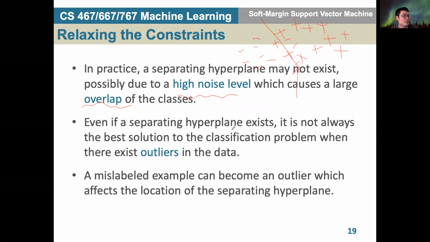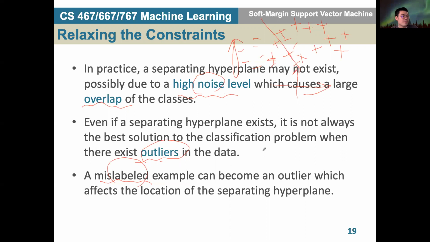Another reason is that there may be outliers in the data. Maybe somehow this negative sample is here, although it's very unlikely. Another case is mislabeled data or noise in the data. When we talk about noise, it means your x1, x2 shifts to the other side. When we talk about mislabeling, it means this is actually negative, but you mislabeled it as positive.